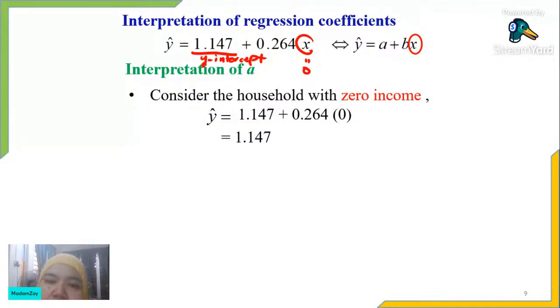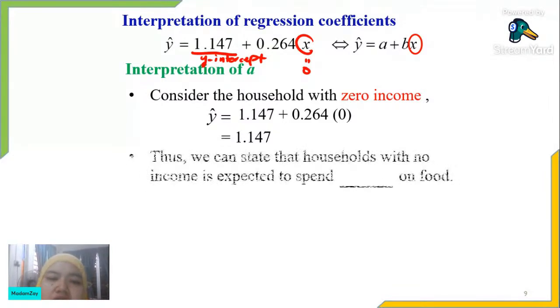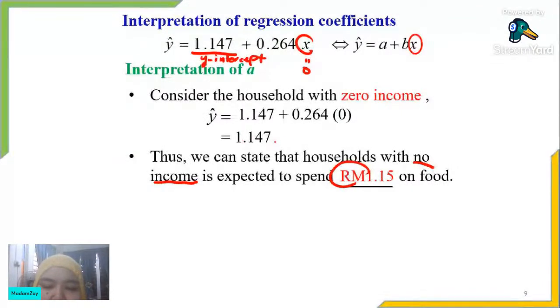So what we can conclude from here, thus we can state that a household with no income, because 0 income, we can say it's no income, is expected to spend RM 1.15 on food. Okay, so this is in the unit of RM. So please use RM. This is 1.147, but because in RM we have only 2 decimal places, it will be RM 1.15.